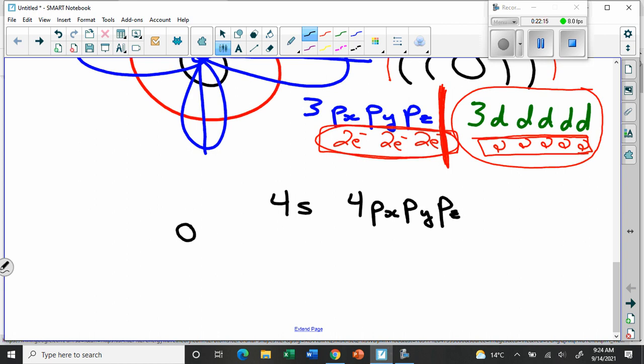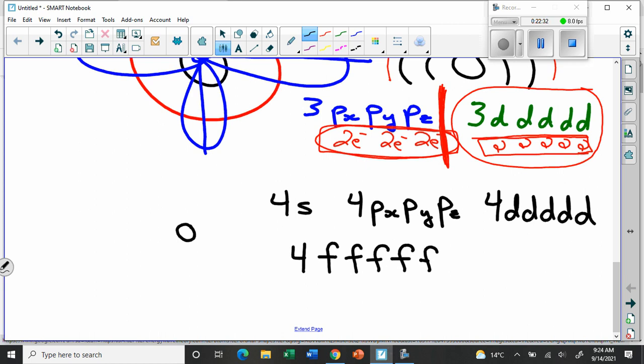It also has d's, just like the third level. 5 of them. And guess what? If we run the equations, we get a whole other set of shapes called the 4f orbitals. And there are 7 possible shapes for F. 3, 4, 5, 6, 7.